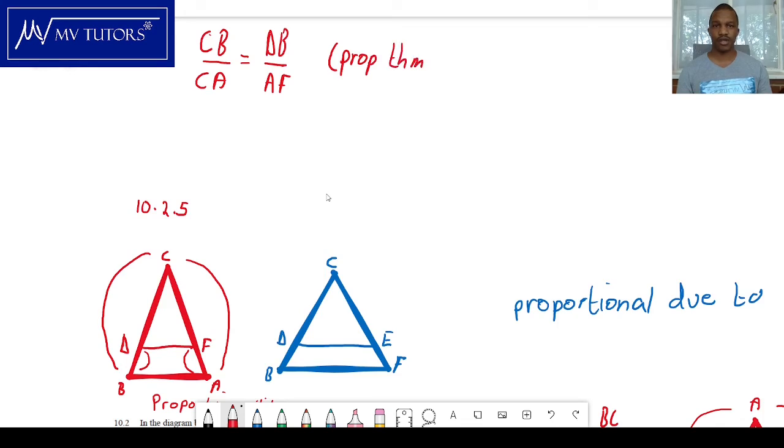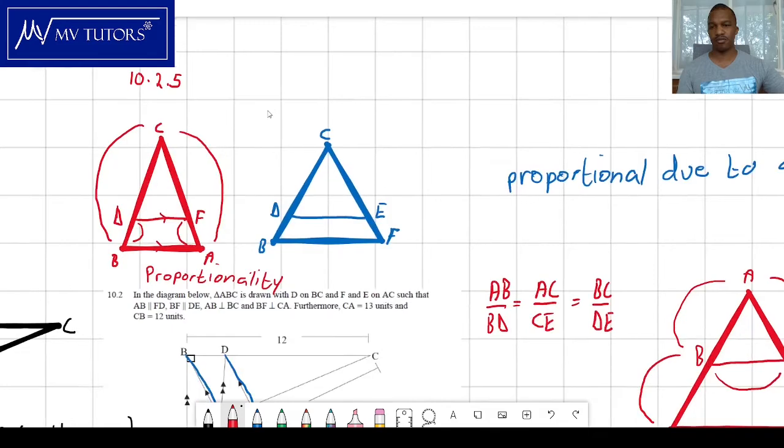Proportional theorem, and you have to write the parallel lines. Because here the parallel line is DF. DF is parallel to FA. Okay, just like that. From here, let's start putting in the numbers. What is CB?